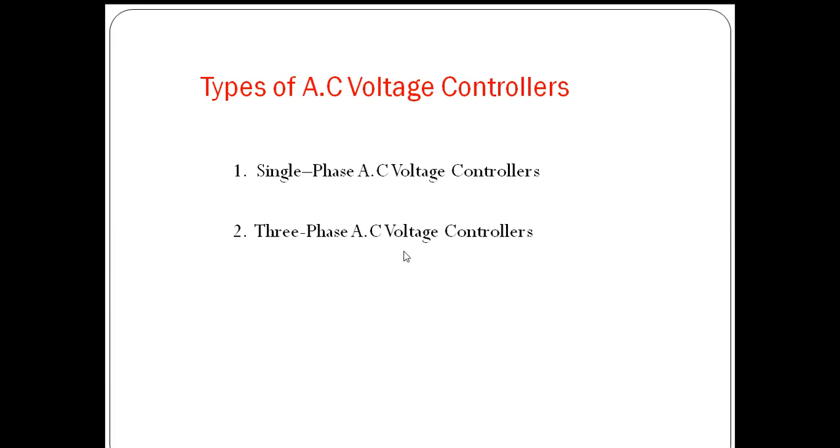If we give three phase input, we call it a three phase AC voltage controller. In this class, we will mainly focus on single phase AC voltage controllers, operating as the half wave controlled AC voltage controller and the full wave controlled AC voltage controller.